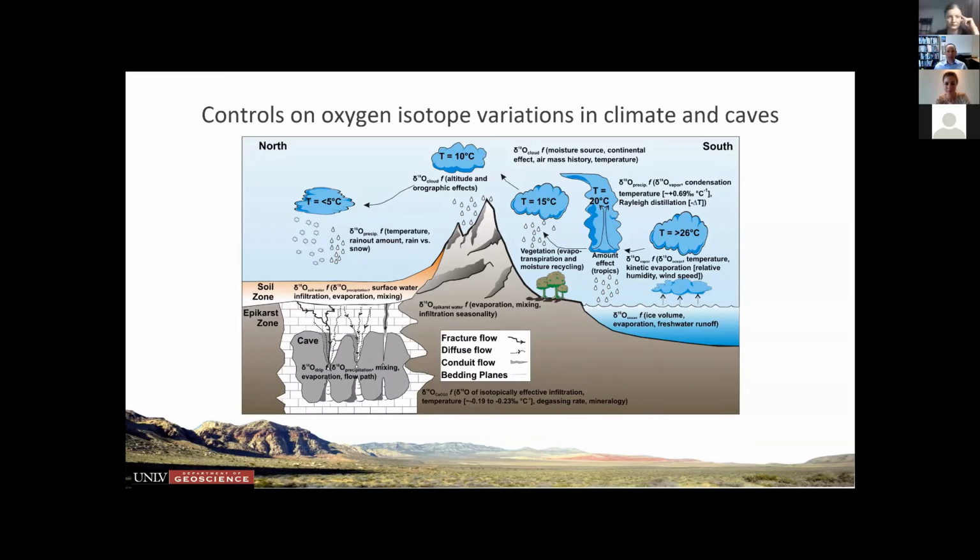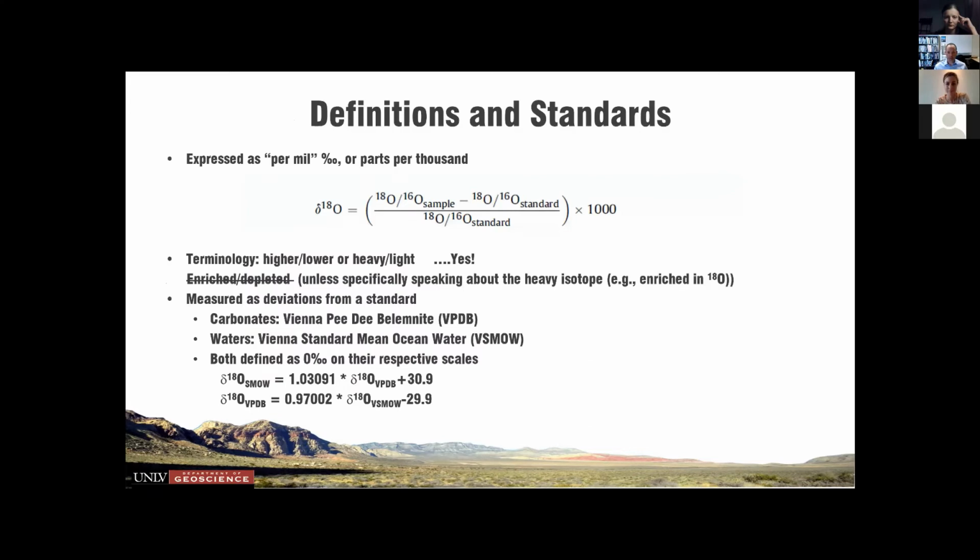Okay, the key thing that we need to keep track of, though, is which of the processes are the most important for your particular study area, your particular cave. So what I am going to do through the talk is mostly focus on breaking this down into the different sections and talking about the main controls for these different locations.